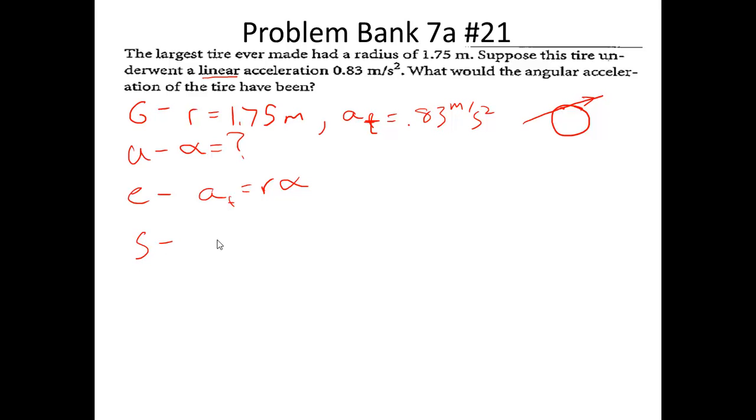Substitute everything in, we see that 0.83 divided by 1.75 is equal to alpha, and our solution is, let me recalculate that. 0.83 divided by 1.75.